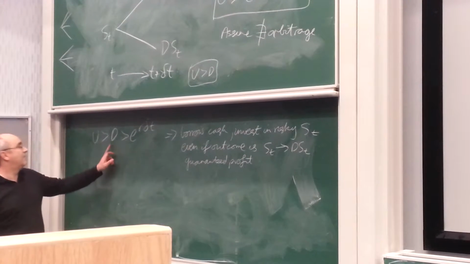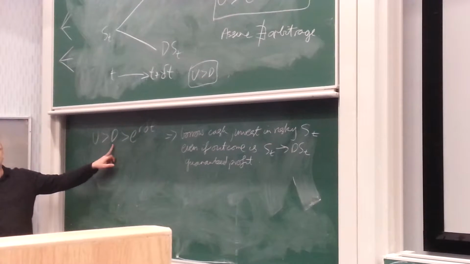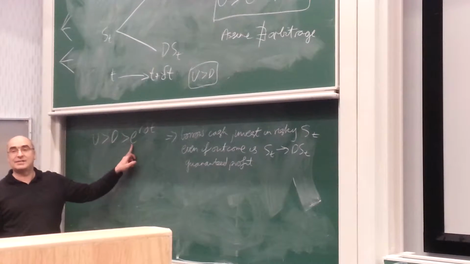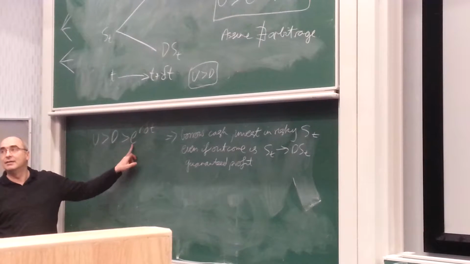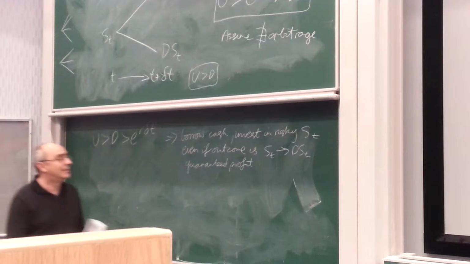Why? Well, because if you earn D times ST and you borrowed ST in the first place, you've got to pay ST e to the r delta t back to the bank. But DST is greater than ST e to the r delta t.